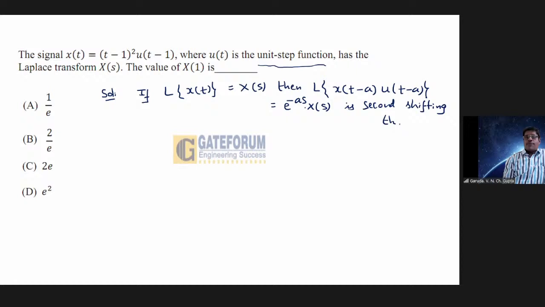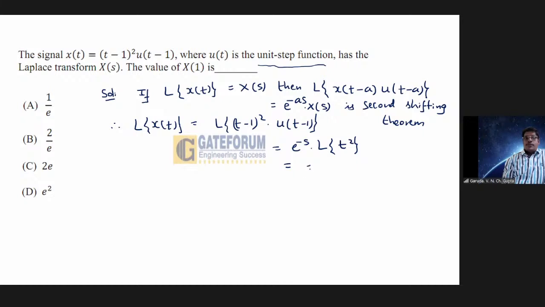In the Laplace transform, x(t) is the given signal. Therefore, here L of x(t) is L of (t minus 1) whole square into u(t minus 1). Just comparing with the above, you will be getting e power minus s L of t square.